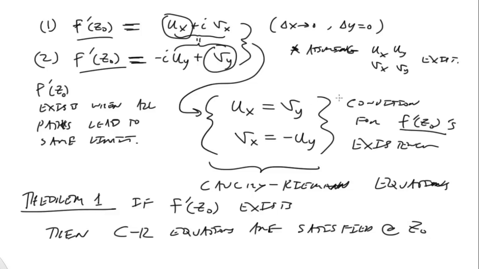So with all of these here, we're evaluating this at z0. So it's whether these partial derivatives agree at the point z0. So we have to do this for every point. Again, what we're saying is that u x equals v y and v x is equal to negative u y.